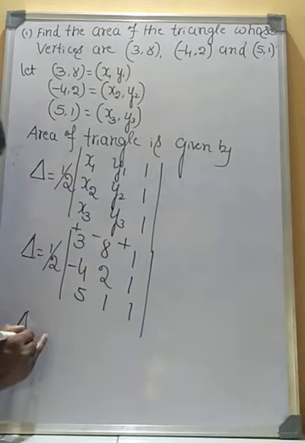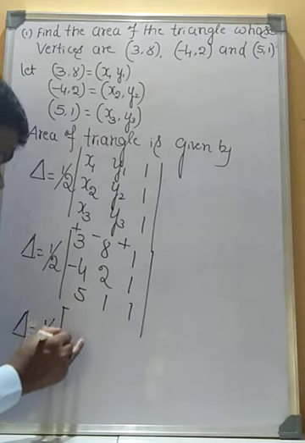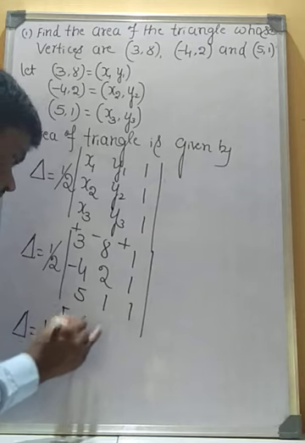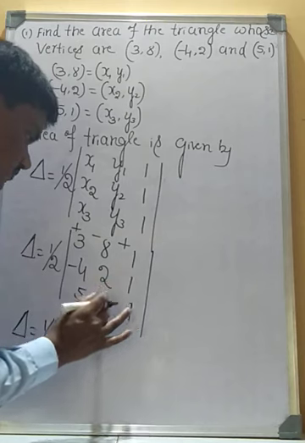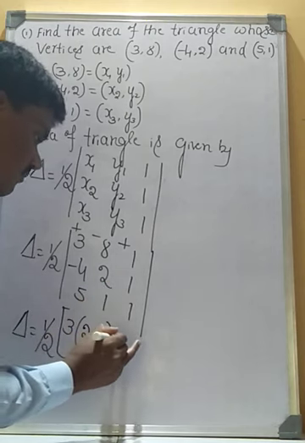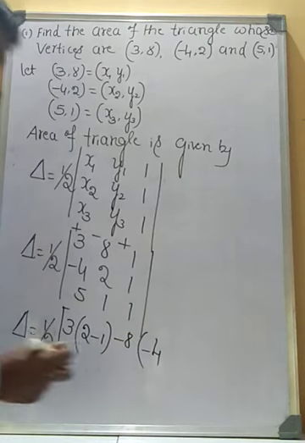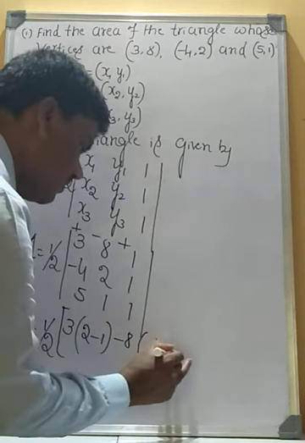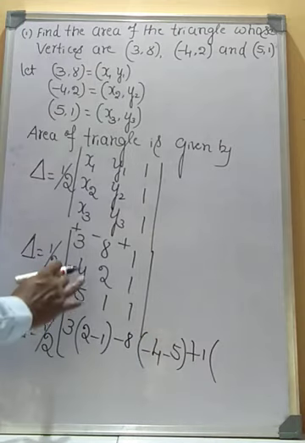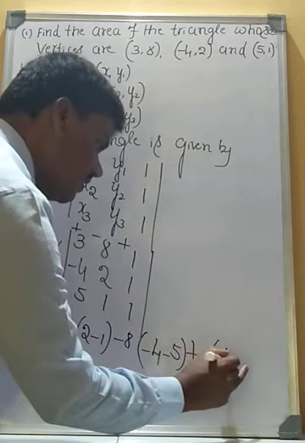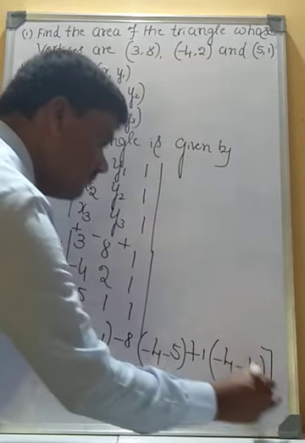Therefore delta is equal to 1 divided by 2, in brackets: 3 into (2 ones are 2, minus 1 ones are 1), minus 8 into (minus 4 ones are minus 4, 5 ones are 5), plus 1 into (minus 4 ones are minus 4, minus 5 twos are minus 10).